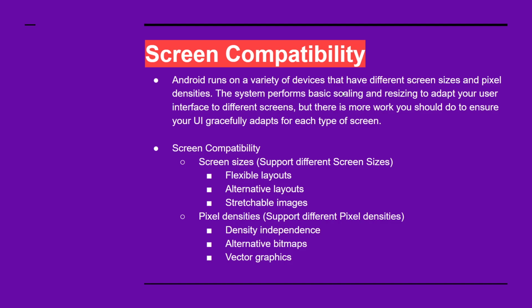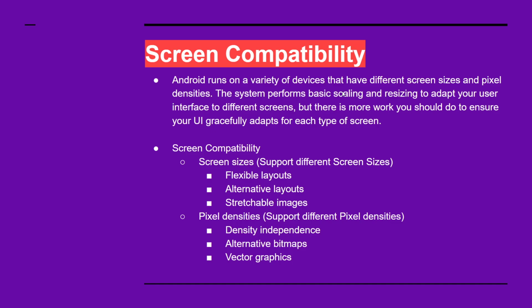If you want to give a very smooth user experience to the end user, you will have to apply extra techniques, which is what we are discussing under screen compatibility. Two important areas under screen compatibility are screen sizes and pixel densities. The things listed under them are the techniques you have to apply if you want to give a better user experience when it comes to screen compatibility.